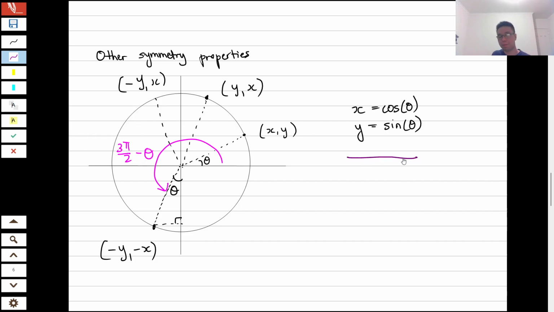So, according to our diagram, the cosine of 3 pi on 2 minus theta is the x-coordinate of this point, which in this case is negative y or negative sine theta.